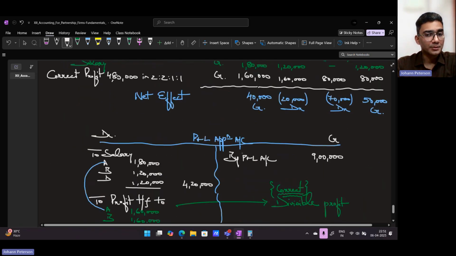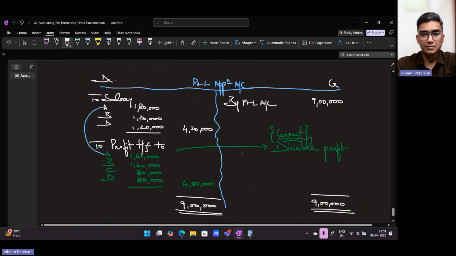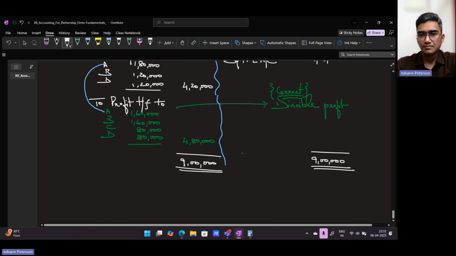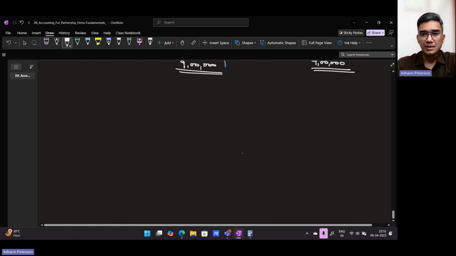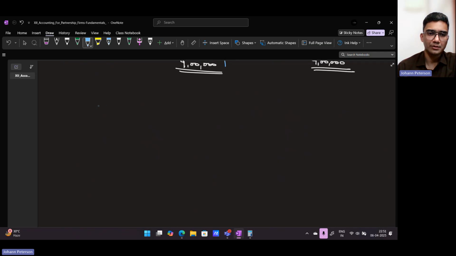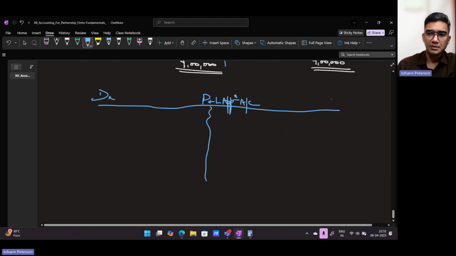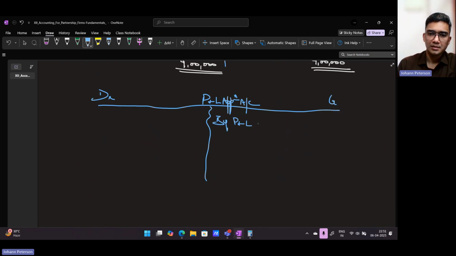Now, how did we come across all this was by making this PNL appropriation account, which helped us to solve this. So, if we make this in the wrong way, just in order to understand this quickly, let's see what went wrong. So, we had a PNL appropriation account, a debit, a credit. On the credit side, I had the PNL.